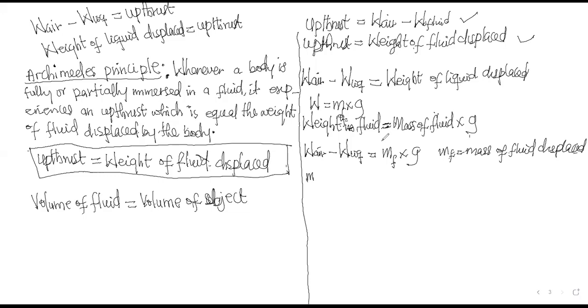Alikem: Sir, please, does that mean we can say that upthrust is equal to the mass of fluid times gravity? Exactly. Upthrust is also equal to mass of fluid displaced times gravity. But don't forget, mass of the fluid displaced by the body or the object.